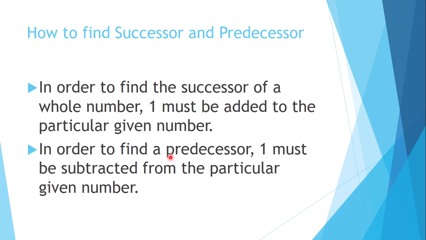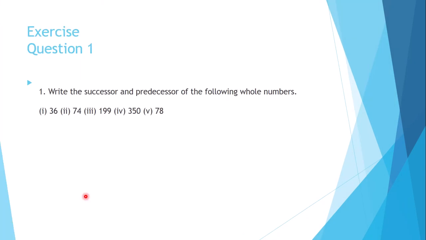If a number is small, it is easy for students to find the successor or predecessor. But if a number is big, then to find the successor of a whole number, one must be added to the given number. If you want to find the predecessor, one must be subtracted from the number. Now let me give you an example.